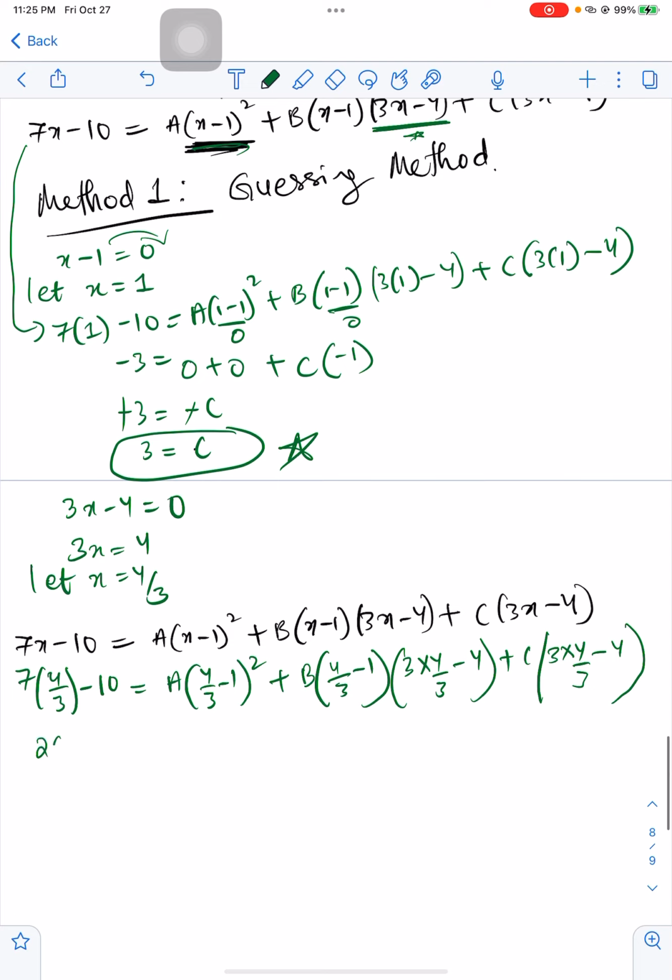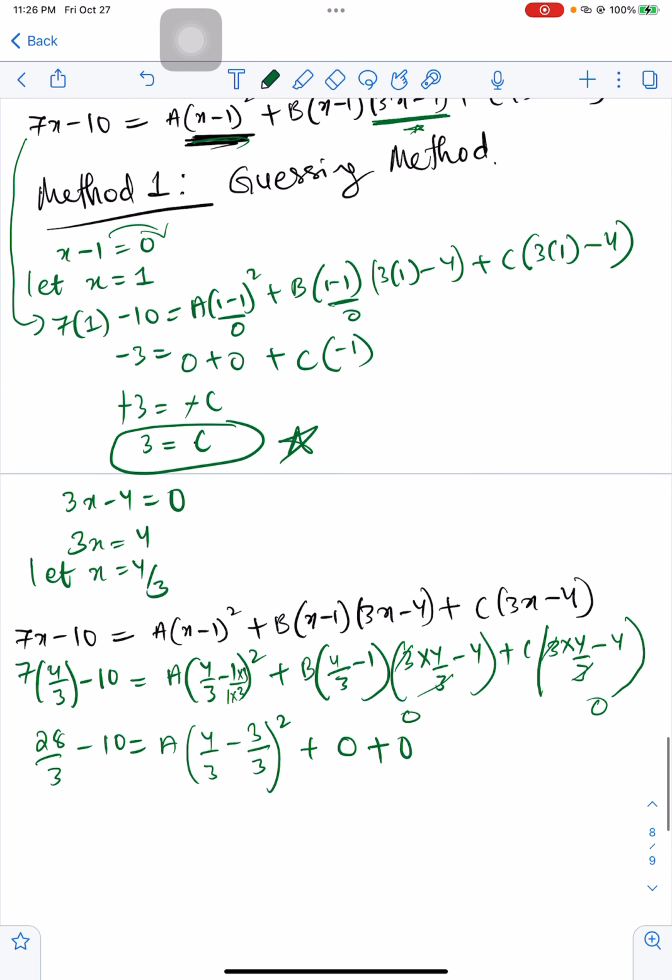So 28 over 3 minus 10. If you look at this carefully, 3 gets cancelled, 4 minus 4 is 0. So you have a 4 minus 3, minus, so if I try to make the same denominator, 4, you have 3 whole square plus 0 plus 0.